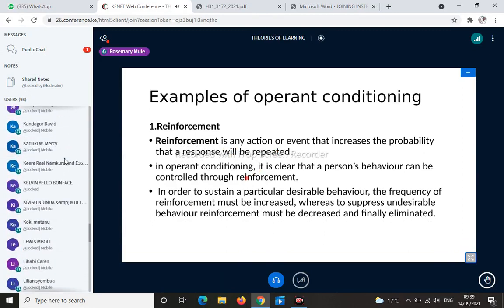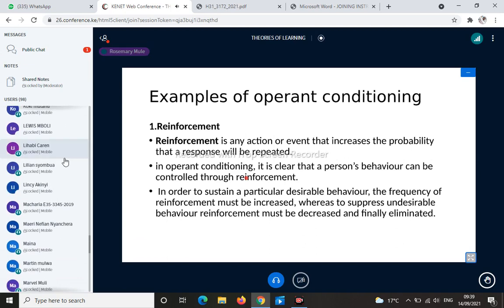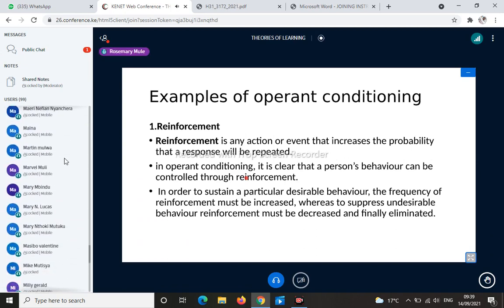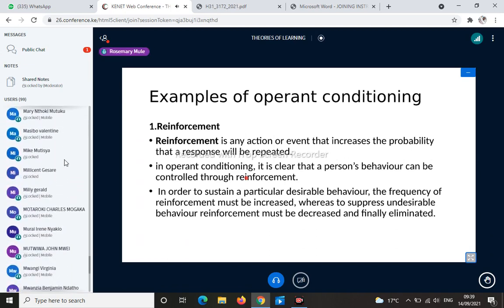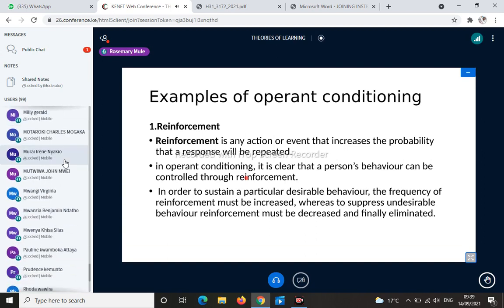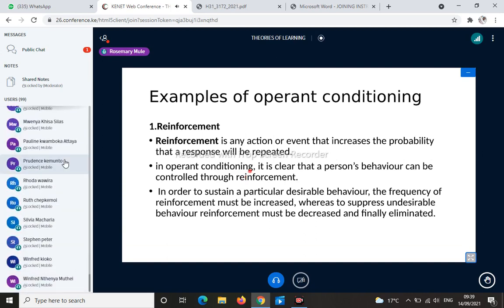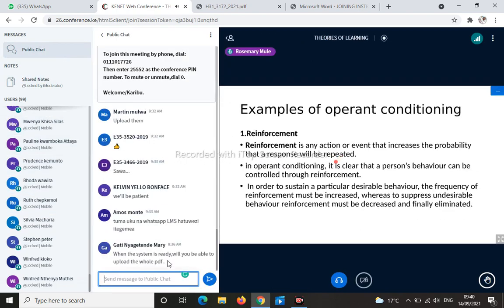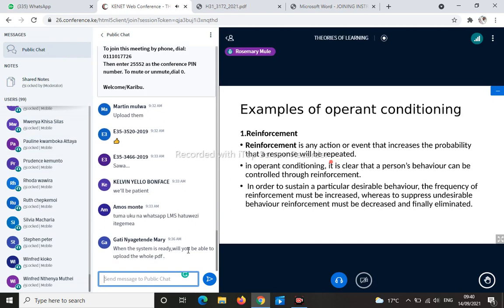So we have reinforcements. This is an action or event that increases the probability that a response will be repeated. So remember, we also saw that as a factor of classical conditioning, reinforcement.